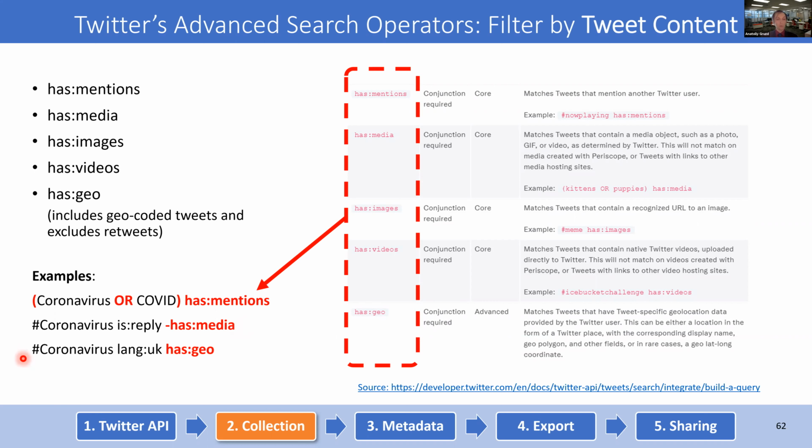Finally, if you want tweets with hashtag coronavirus, but those that are in Ukrainian and those that were geocoded, you say has:geo. Keep in mind, somebody like me sitting here in Toronto can tweet something in Ukrainian with this hashtag. And if I shared my location, my tweet will be matching this query. So including has:geo doesn't necessarily mean that you're getting people from a certain country.